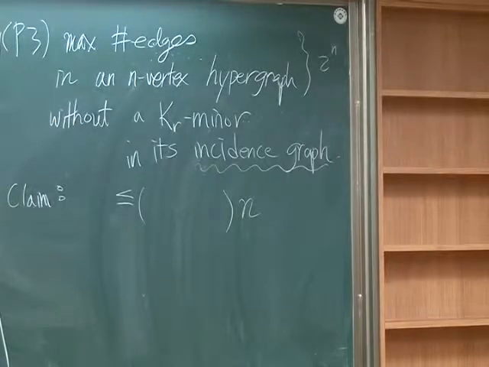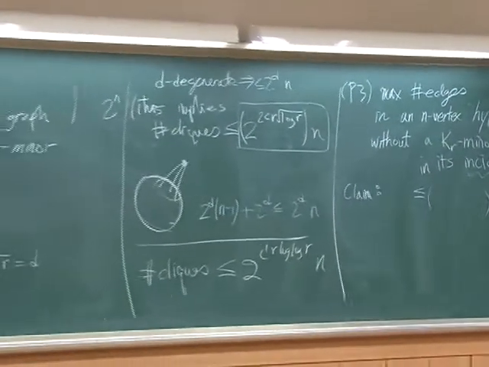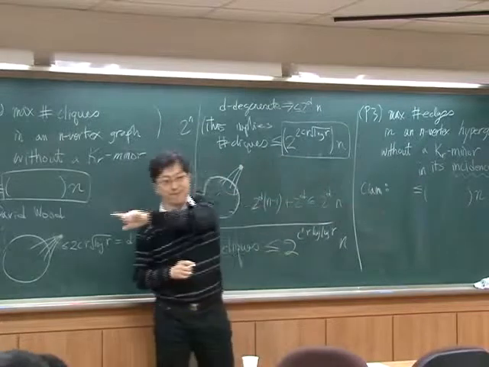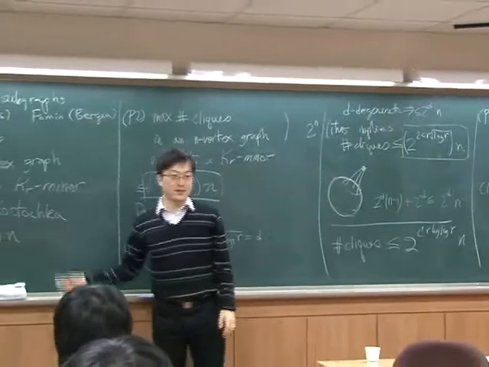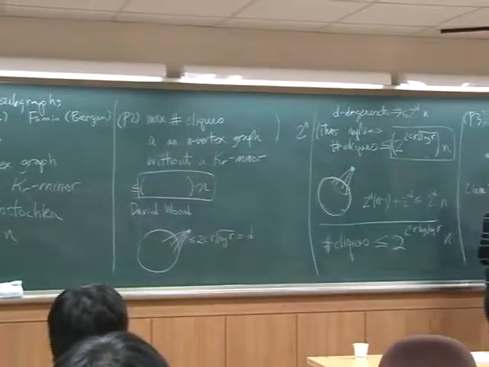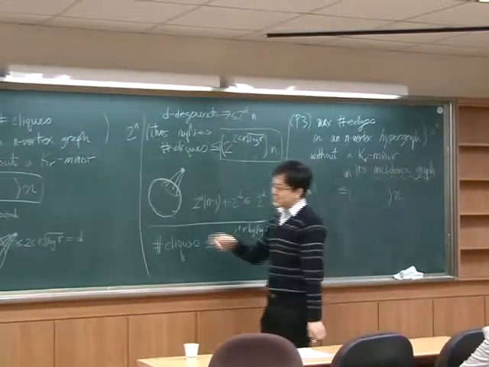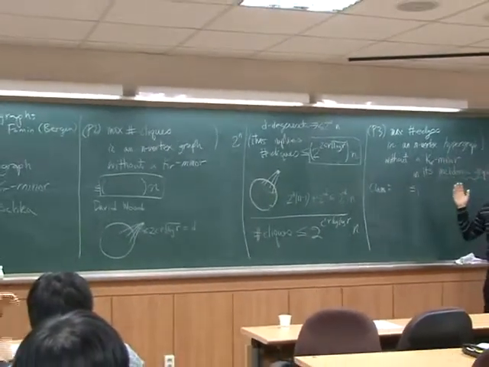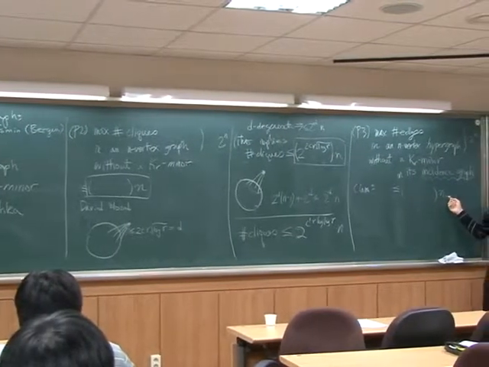I will show you how to prove P3 from P2. But before proving that, I will explain why P3 is a generalization of P1. This is about graphs, and this is about hypergraphs. But if you ignore the function there, where you have a constant times R square root log R, and assume that we are only interested in the growth in terms of n, then this will imply that.